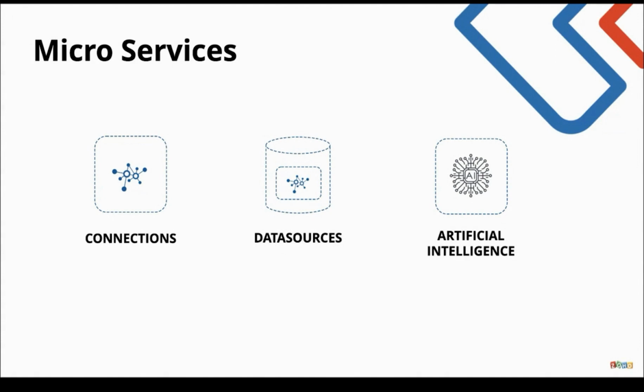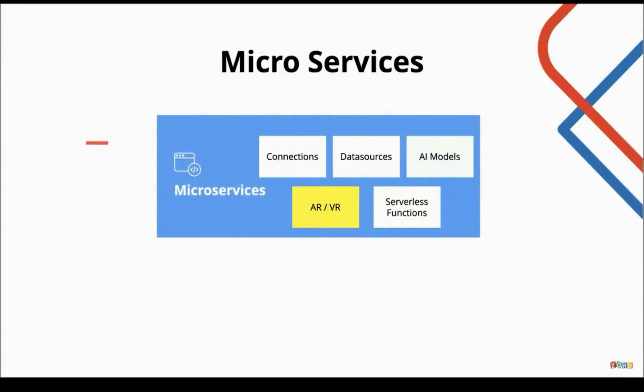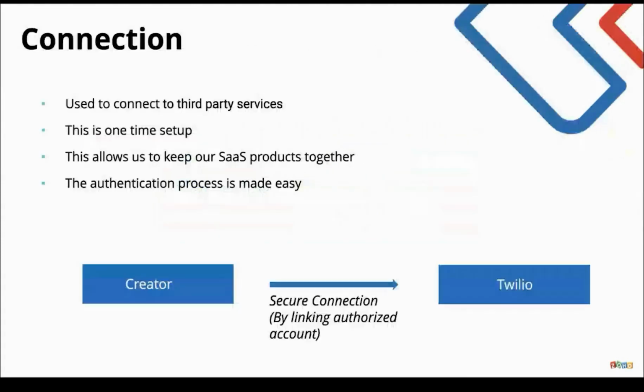Okay, so these are the components which constitute the microservices specifically. And talking about connection, as we discussed, it is the tunnel which is established, and using the connection, our creator application will be talking to the target SaaS-based products or third-party services.